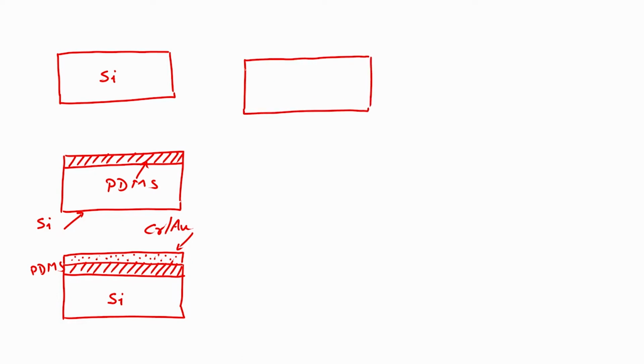So, for patterning what will we do? Photolithography. We will perform photolithography, and to perform photolithography we have to first spin coat photoresist.